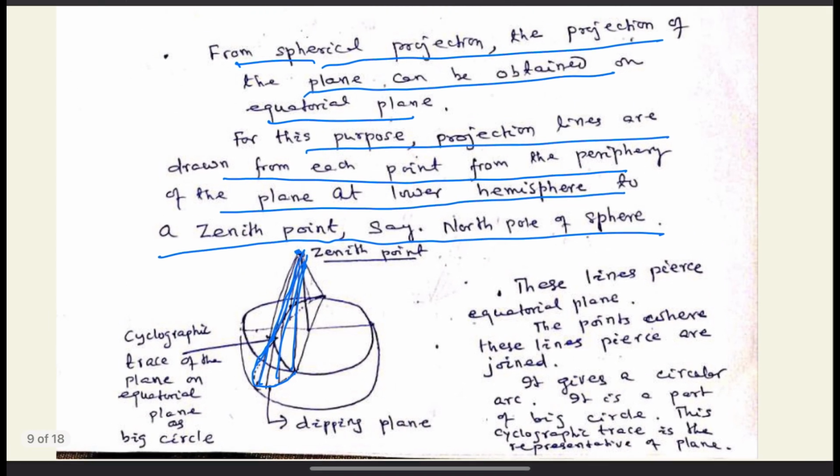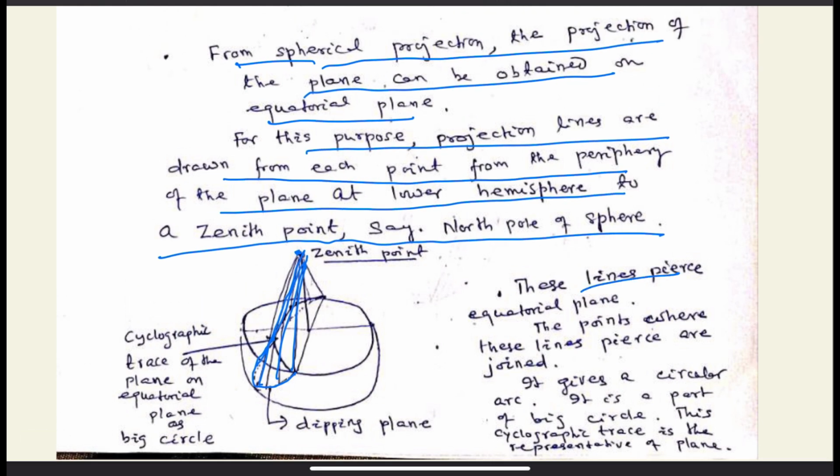The points where these lines pierce the equatorial plane will be taken into account, and they will describe a semicircular arc like this in the equatorial plane. So this semicircular arc results from the points on the periphery of the sphere linking the zenith point and piercing the equatorial plane.